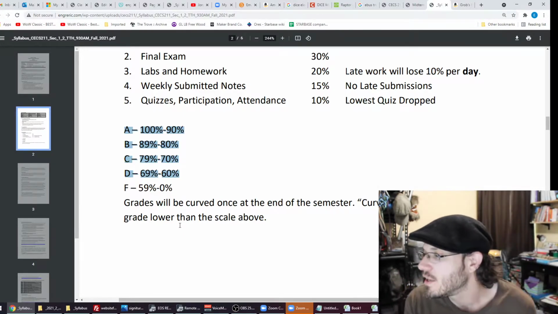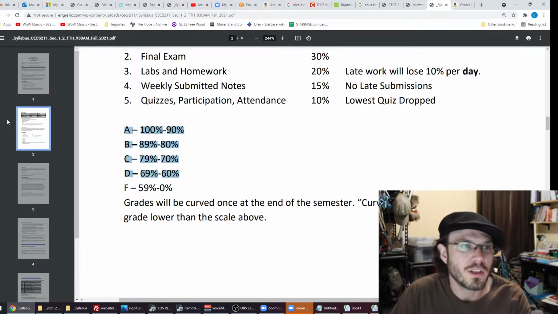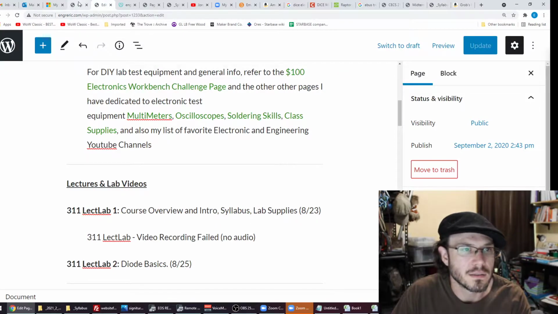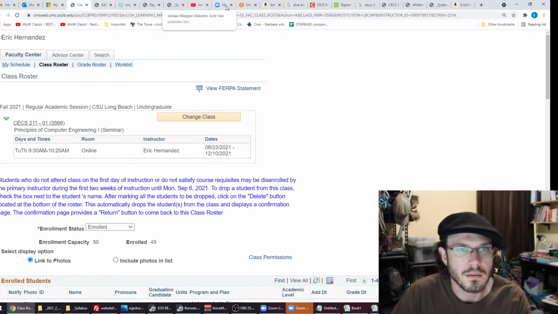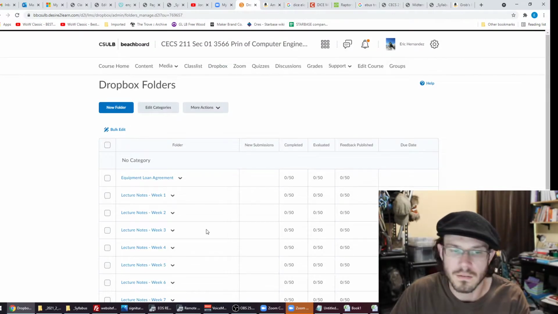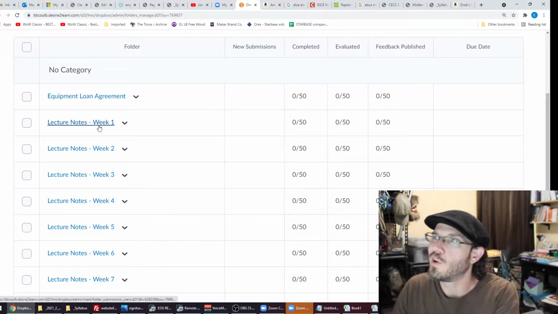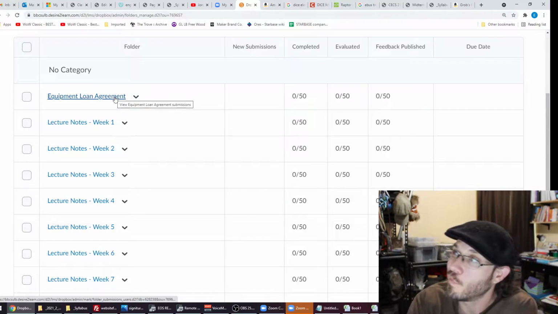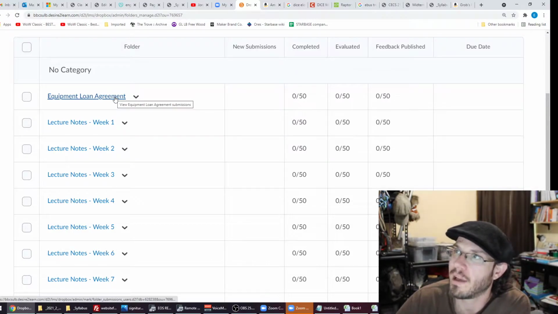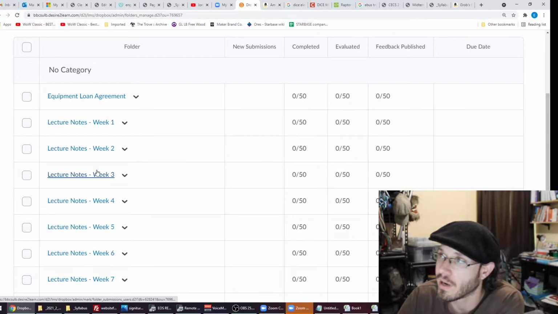Great question. Do we submit weekly notes through Dropbox? Yes. Let me go ahead and show you what the Dropbox looks like right now. Okay, so notice there's the equipment loan agreement, which I am about to talk about in a couple of minutes, and then lecture notes week 1, lecture notes week 2, lecture notes week 3.